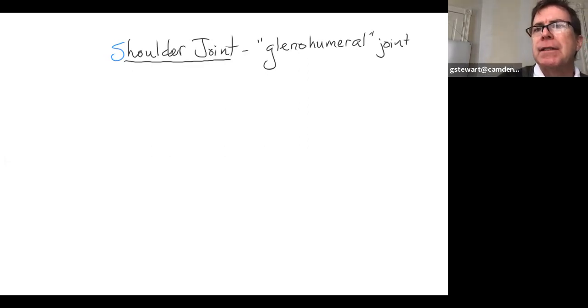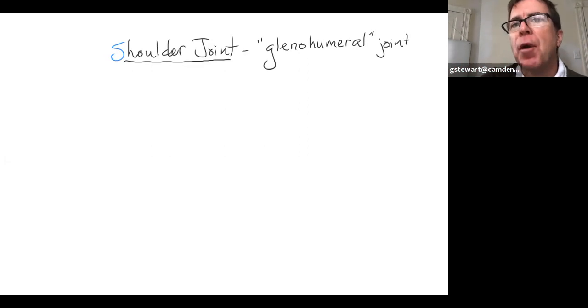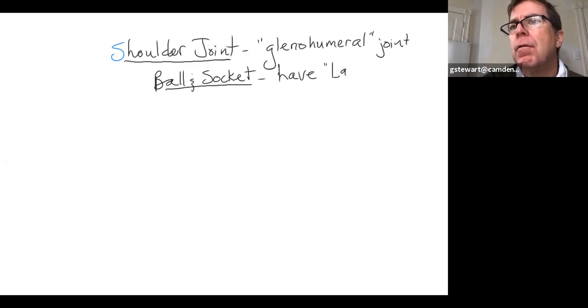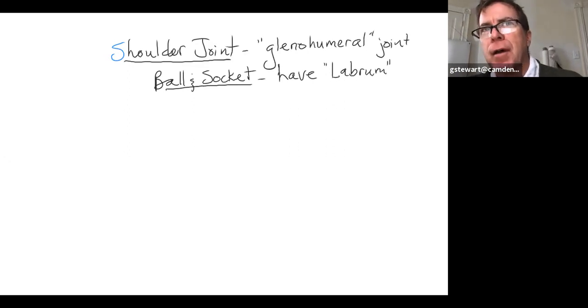Ball and socket joints tend to have something called a labrum. So I'll define that for you. A labrum is sort of like a lip of fibrocartilage that extends past the socket.